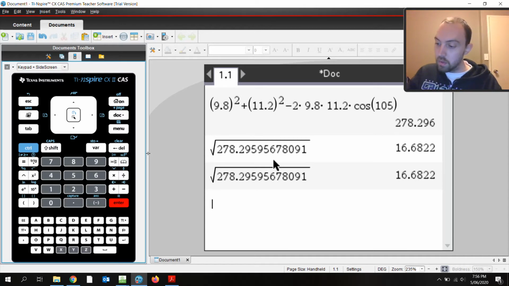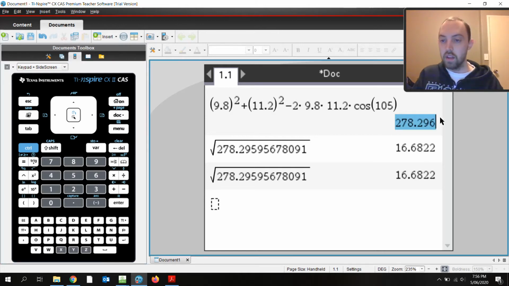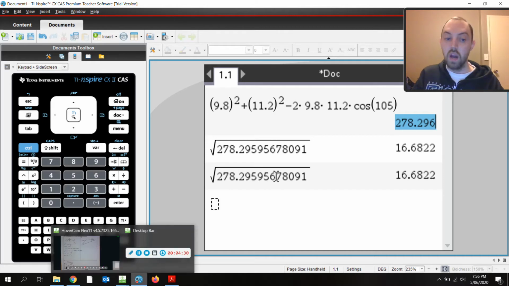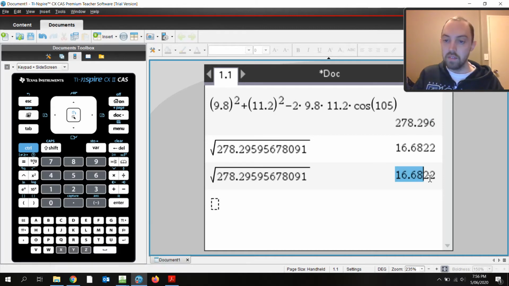Just going to two decimal places for now. It doesn't actually say in the question. It's not super important, but what is important is that I don't round this answer that I've got for the first part until I'm actually giving my final answer.